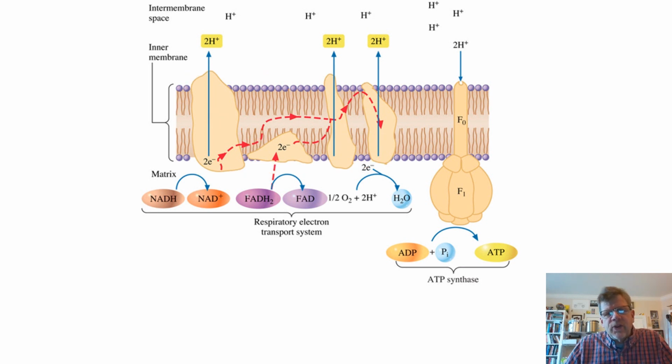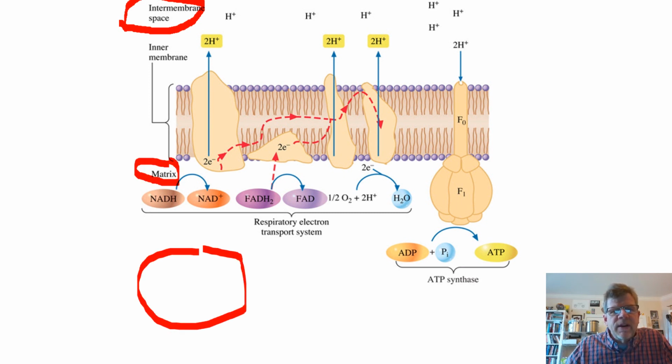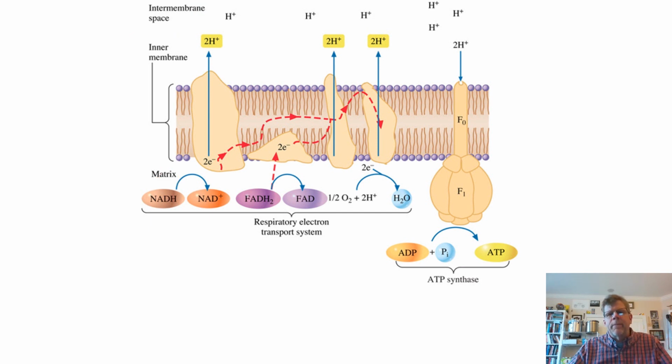Looking over towards the top of the screen, this is the intermembrane space, that compartment that was in tan in the last slide. On this side of the membrane is the mitochondrial matrix, that blue area we saw in the last slide.